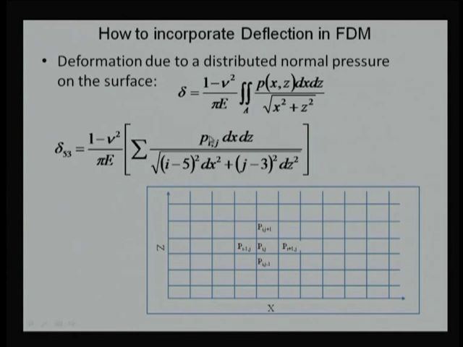In the 50 into 50 except one, so the 2499 pressures, we will find out what will be the deflection because of 2499 pressures at this point. However, if you know the boundary condition, the pressure is 0 at the extreme boundaries, then we may avoid those points also, because we know the 0 pressure will not cause any deflection.